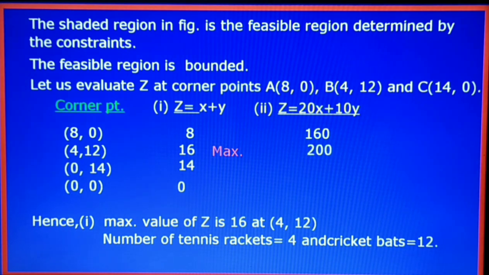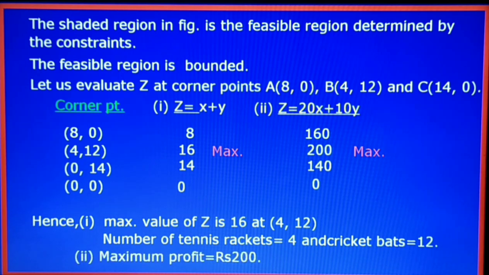When x is equal to 0, y is equal to 14, z is equal to 140. When x is equal to 0, y is equal to 0, z is equal to 0. Among these values, maximum value is 200. Therefore, maximum profit is equal to rupees 200.